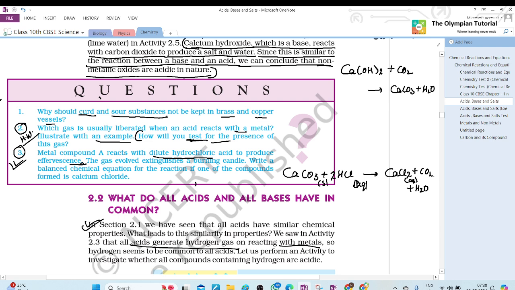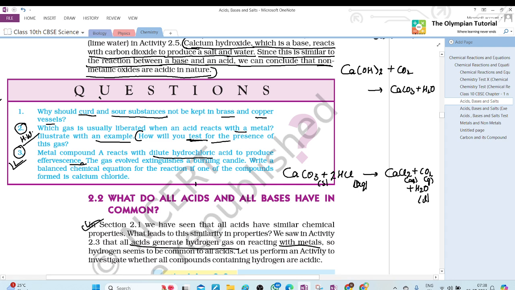Carbon dioxide will be in which form? Water, in liquid form. Ayuta, are you okay with it? When carbonates react with acid, they give salt, carbon dioxide and water.